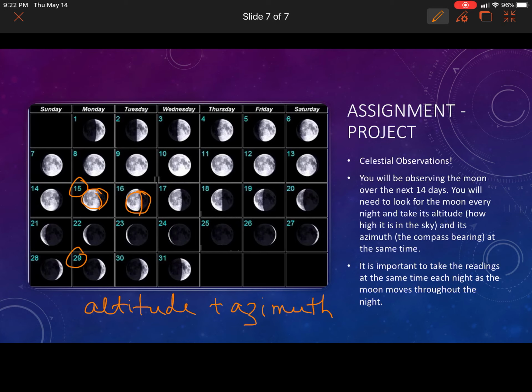It did not work at all. So hopefully we will get some clear, nice weather where you can always locate the moon in the sky. If you happen to forget, if you miss a day, just try to get the data from a friend in the class, okay?